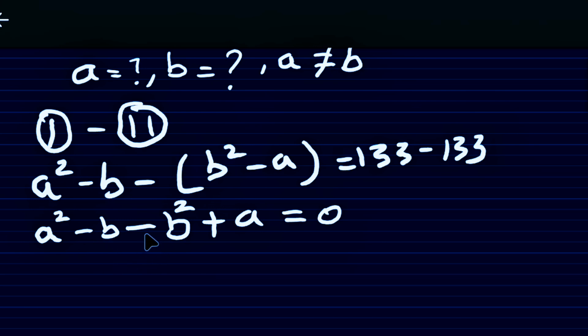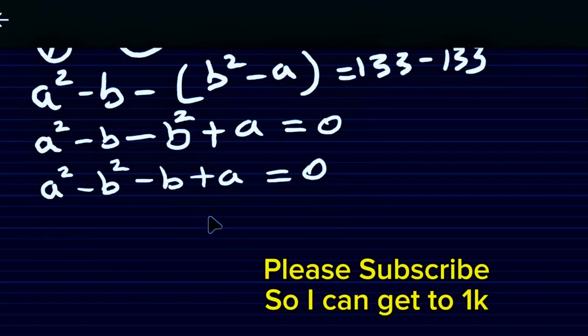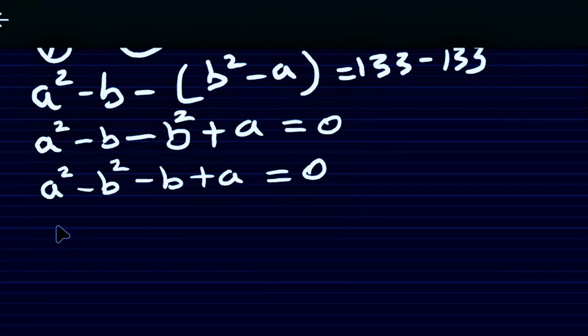From here we can rearrange this. If we rearrange, we are going to have a squared minus b squared, then minus b plus a, and everything equals 0. Now a squared minus b squared is a difference of two squares.